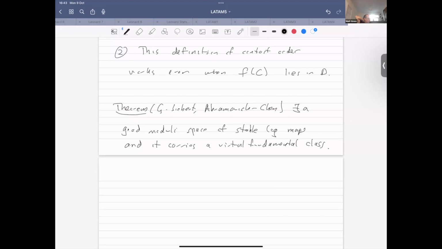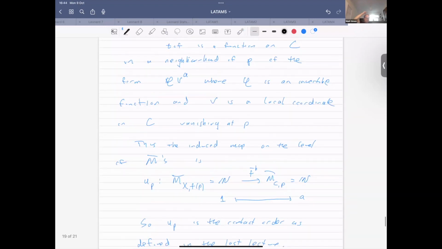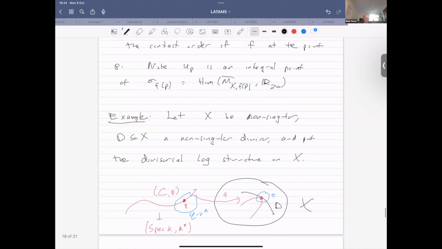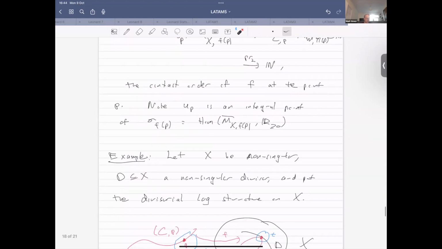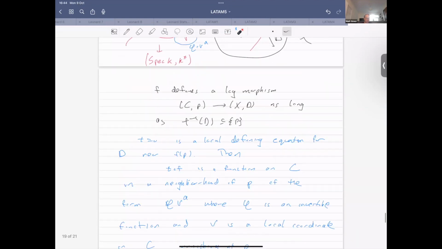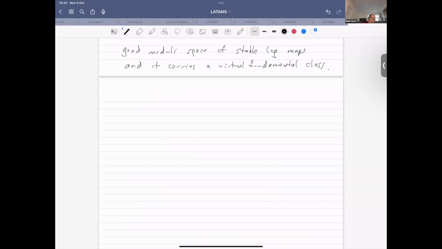But you might remember there was also one other point, which is that we had to allow negative contact order. And so far, if you look at the way contact order is defined, contact orders always take values in N. So those should be thought of as being non-negative contact orders. So the question is, how do we actually define negative contact orders? So we now have to soup up this story a little bit more.